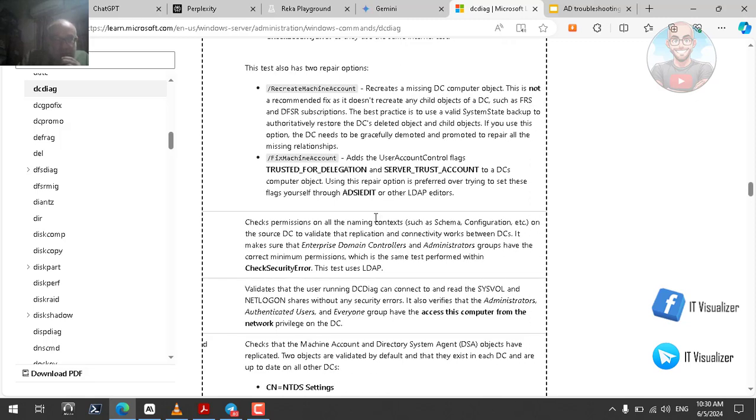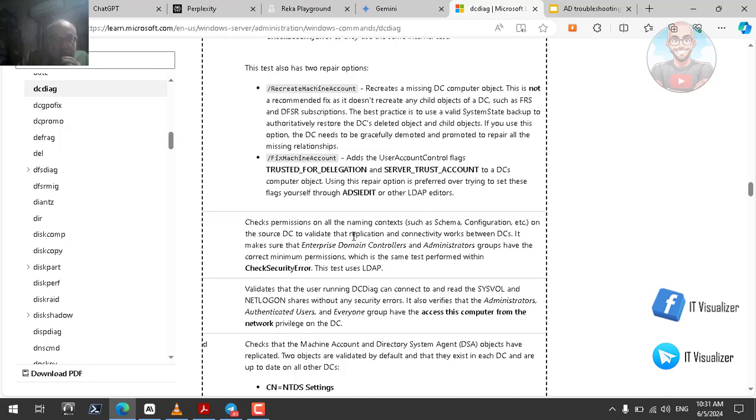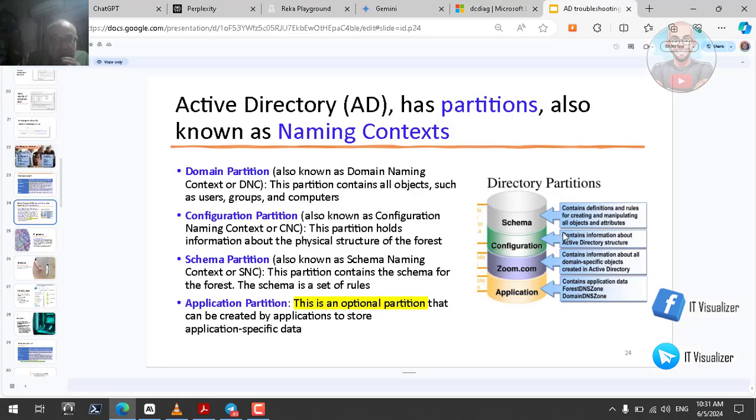Here he's referring to the database partitions of the Active Directory. So he's saying he will check the database partitions for what? It will check for the security groups assigned to these partitions. Why do we need to assign security groups to these partitions? Because they are responsible for replicating the database.